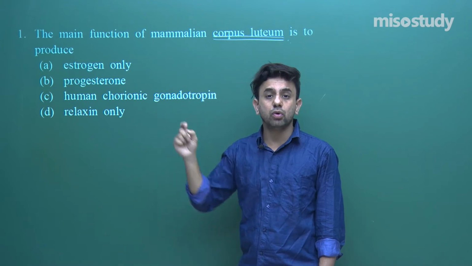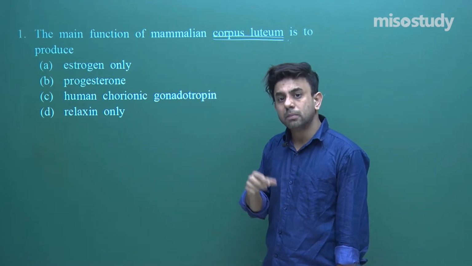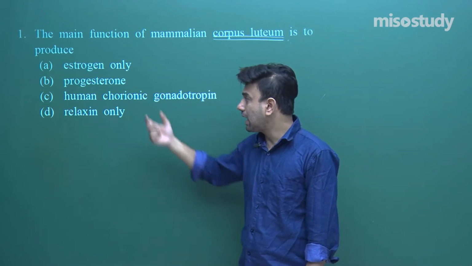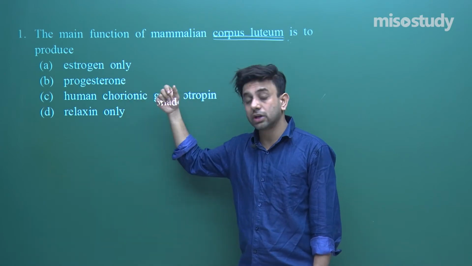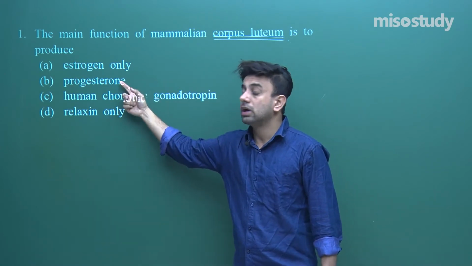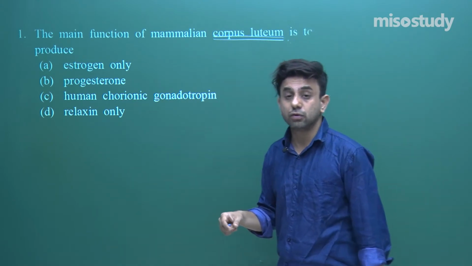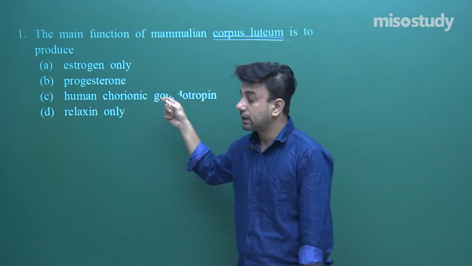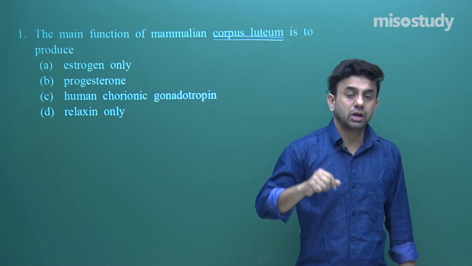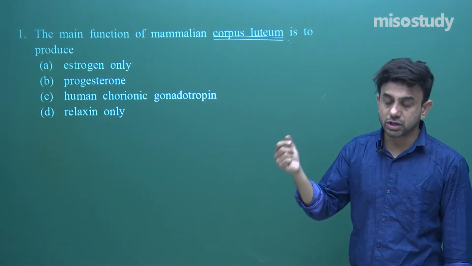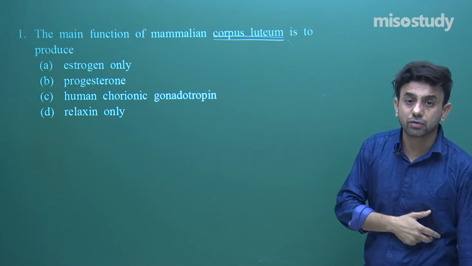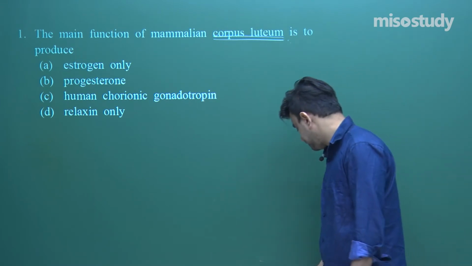Had it been only estrogen, it would have been right. Had it mentioned only progesterone, then also we would have considered that option. But had there been an option mentioning estrogen and progesterone both, then we would have gone for that option, right?